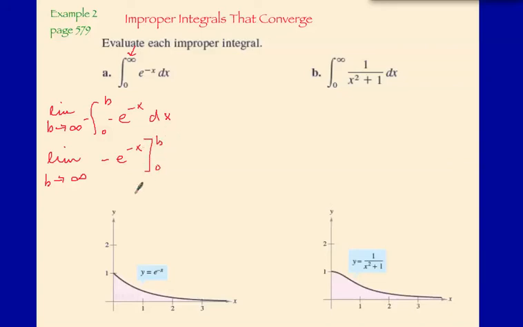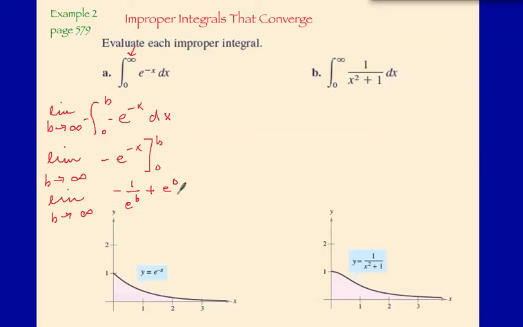When I plug in b here, I should just keep writing limit as b approaches infinity, but I'm running out of room. I get negative 1 over e to the b. Now notice when I put b in, that becomes e to the negative b, but I dropped that down to the denominator, and of course you're going to understand why in a moment. Minus, and then it's going to be minus this negative, so we'll make it plus e to the 0.